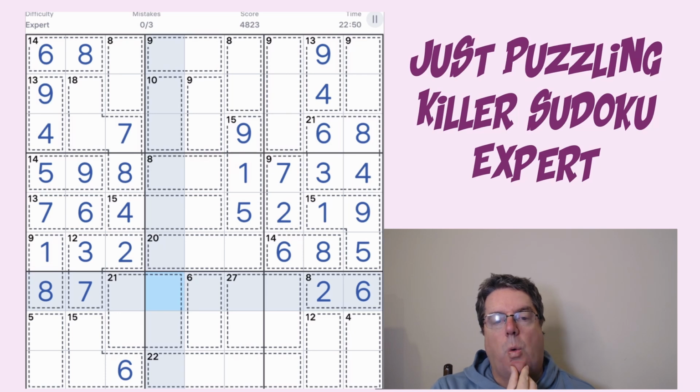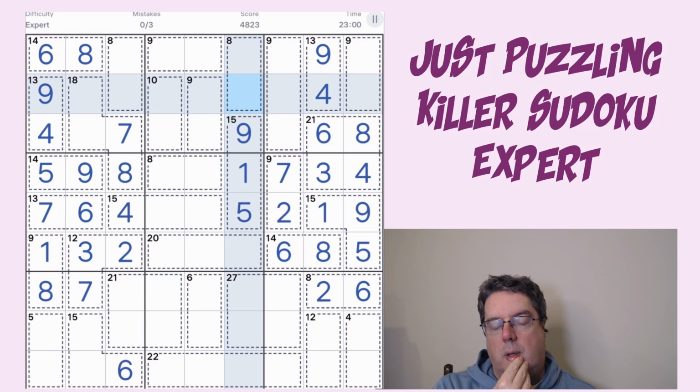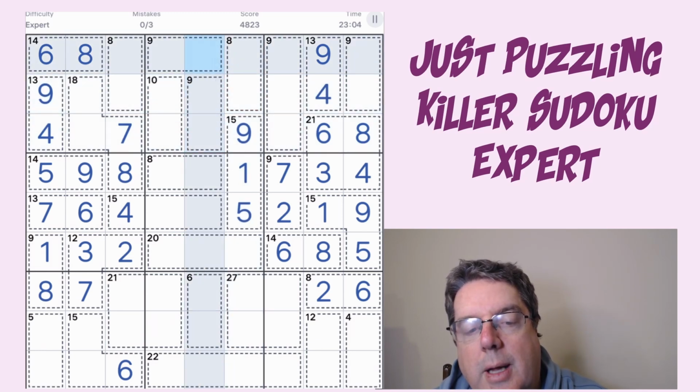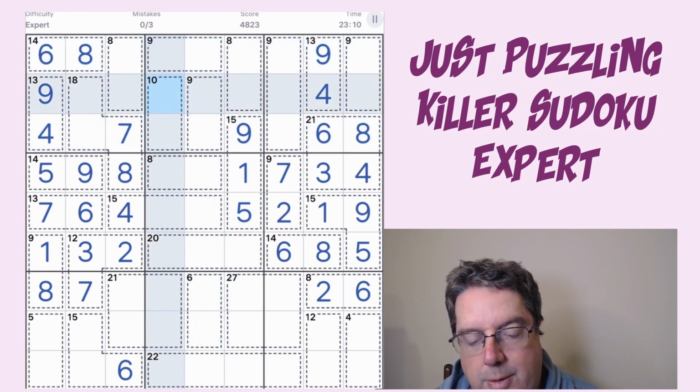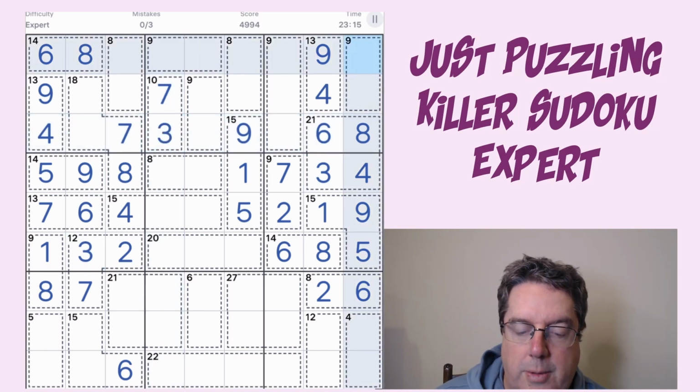So 4 has to be up here, 4 and 5. Because that 4 can't be 4 there, so that's 4 and 5. So that's 2 and 6. So if the 6 is in there, that can't be a 3, so that's got to be a 7, that's got to be a 3. Over here is, remember, the 7 and 2.